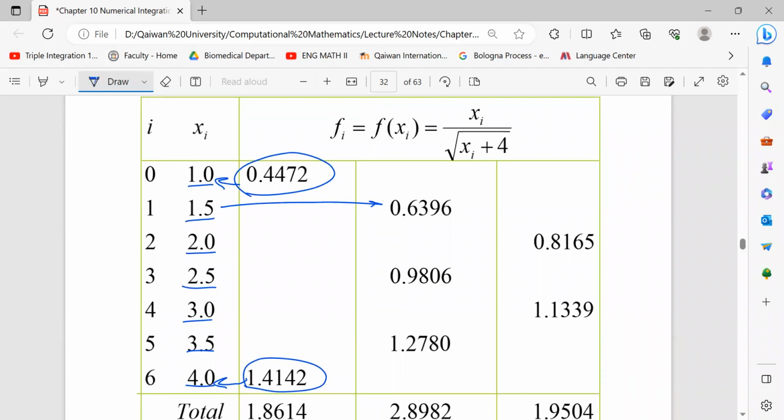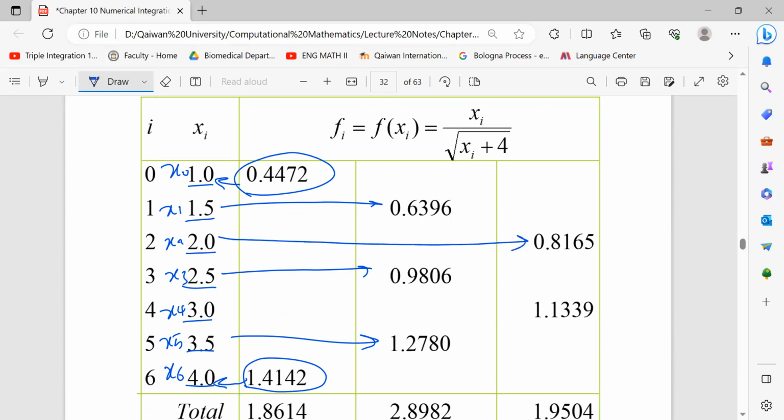This is f of x1. This is f of x3. This is f of x5. Okay? As you see, this is x0, x1, x2, x3, x4, x5, and x6. The odd ones together and the even ones. Okay?